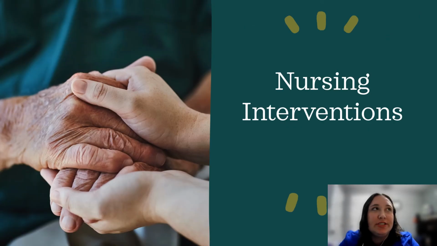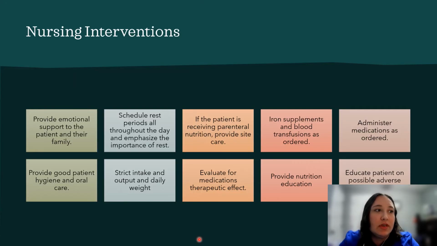Nursing interventions. Some nursing interventions for Crohn's disease would be to provide emotional support to the patient and their family. You need to encourage them to schedule rest periods all throughout the day and emphasize the importance of rest.